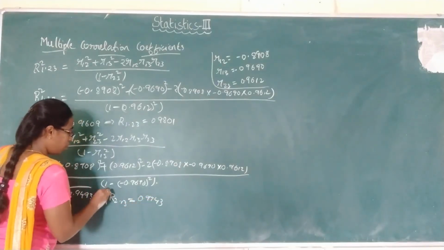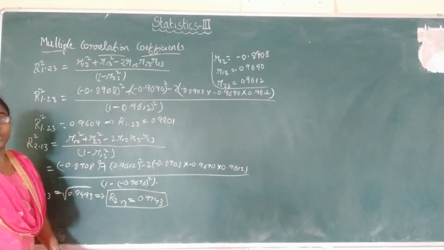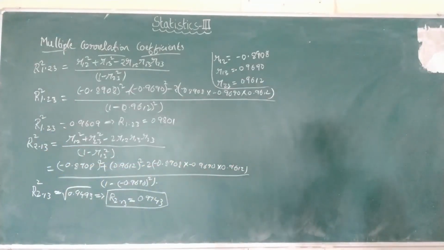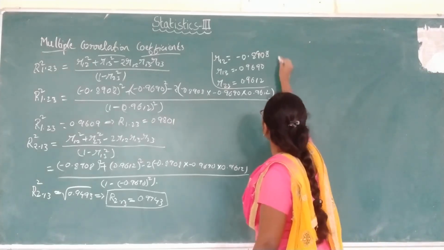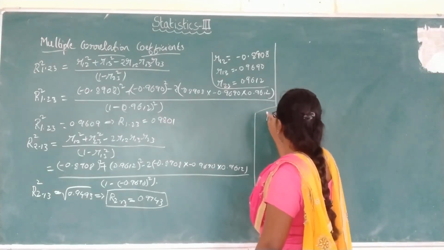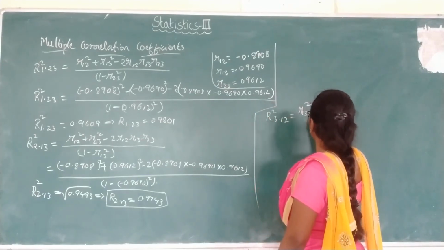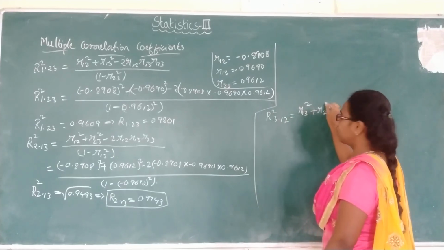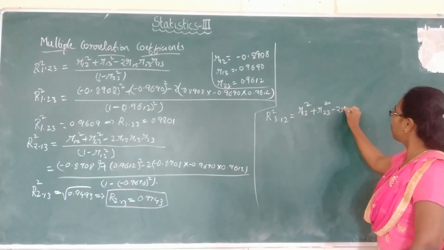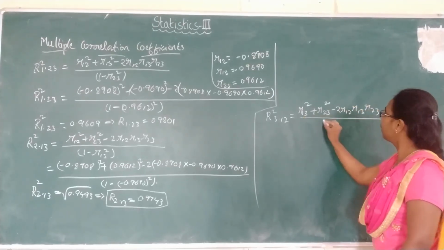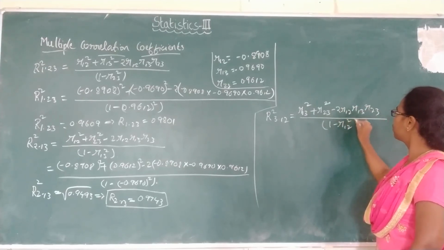I have already shown you in the previous problem how to solve these partial and multiple correlation coefficients, so I am writing the answers directly here. Next is the last value, R3.12. R square 3.12 equals R13 square plus R23 square minus 2R12, R13, R23 divided by 1 minus R12 square.